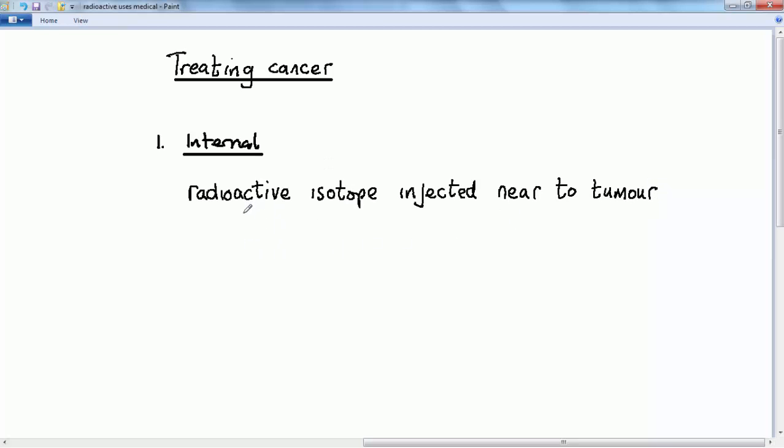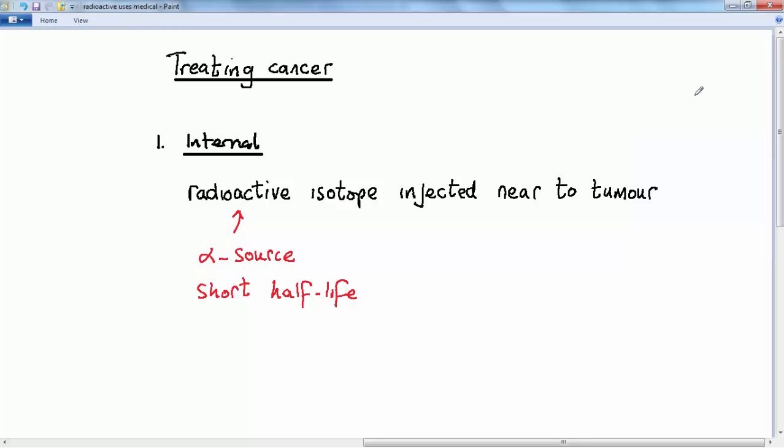Now in this particular case you want a source that will do as much damage as possible, but you don't want that source hanging around for long periods of time. So this should be an alpha source with a short half-life. We want an alpha source because we want to kill as many cancer cells as possible, and we want a short half-life so that the radioactive isotope will soon disappear from the body.